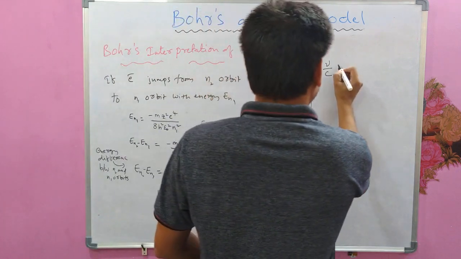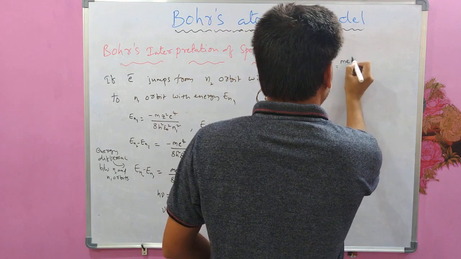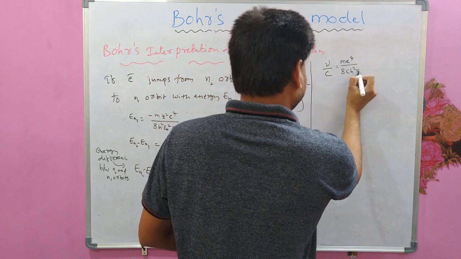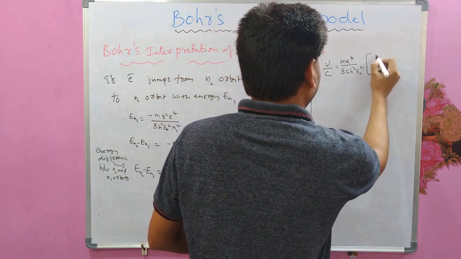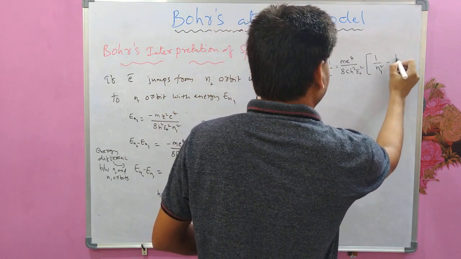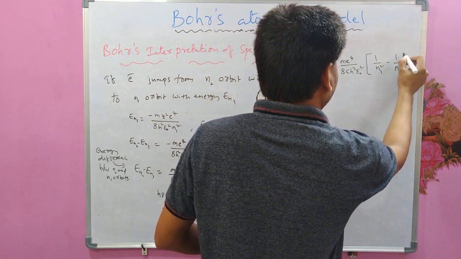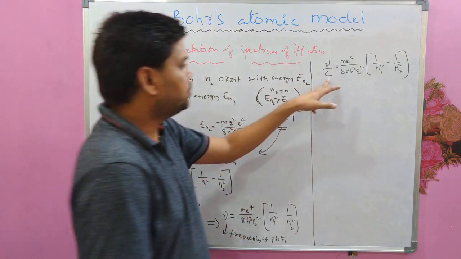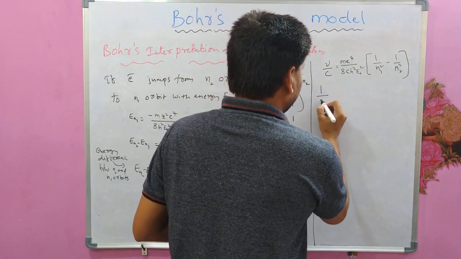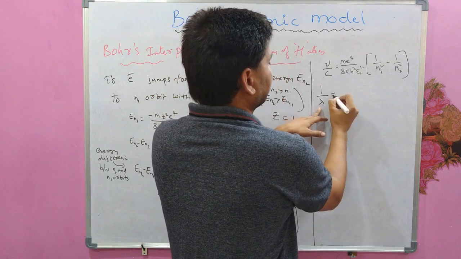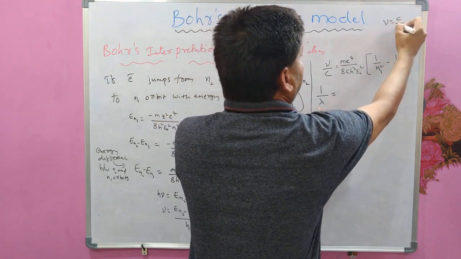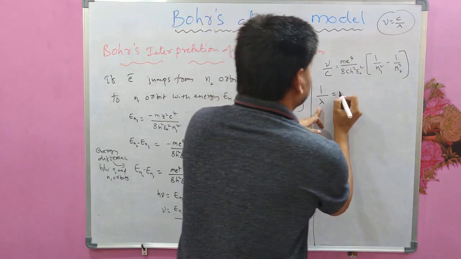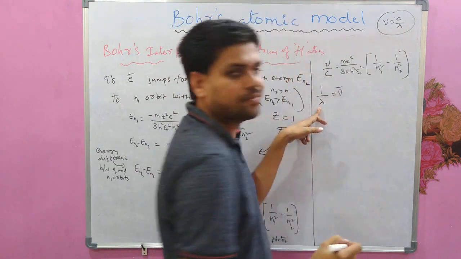Okay, so nu by c will be m e power 4 by 8 c h cube epsilon naught square into 1 by n1 square minus 1 by n2 square, this by c. And nu by c is nothing but 1 by lambda, because nu equal to c by lambda, which is considered as nu bar.